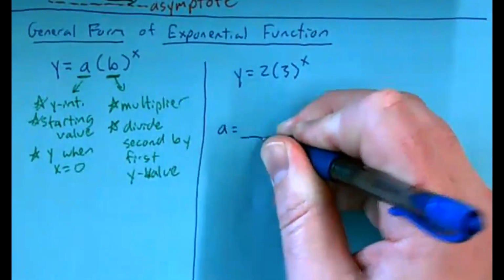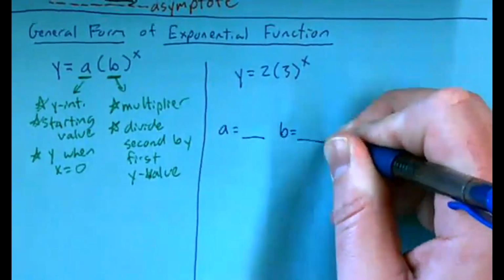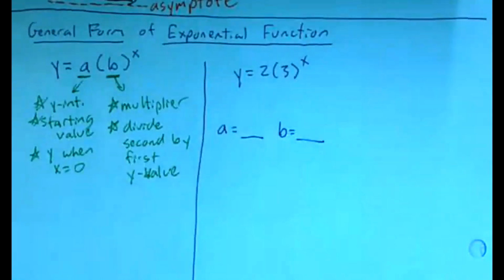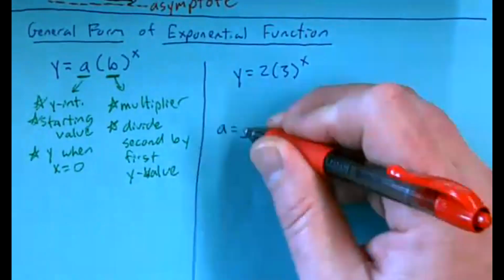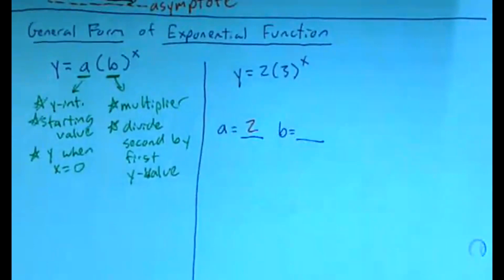A equals and B equals. What's A for this equation that I just invented? A is 2. What's B? B is 3.